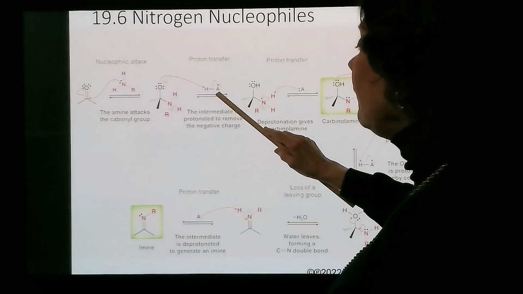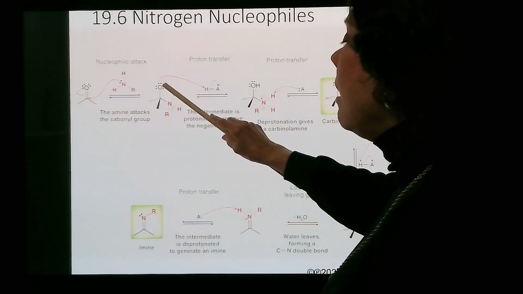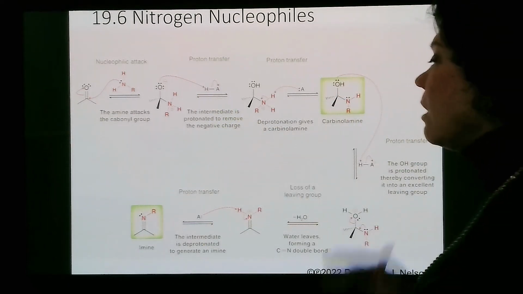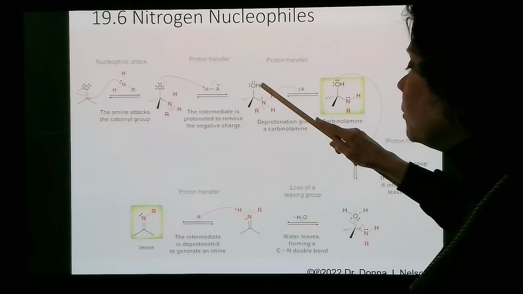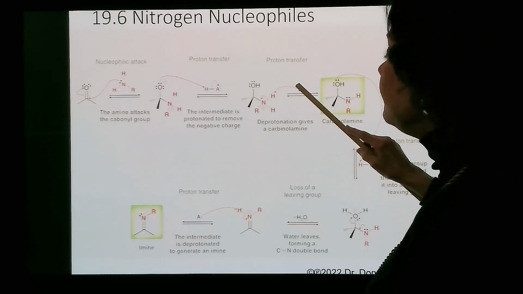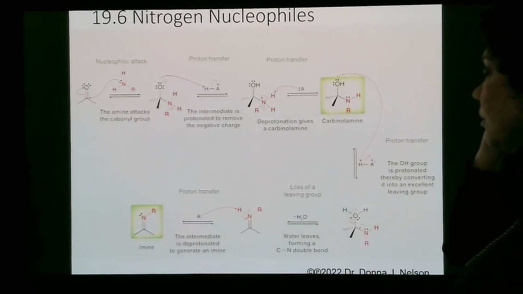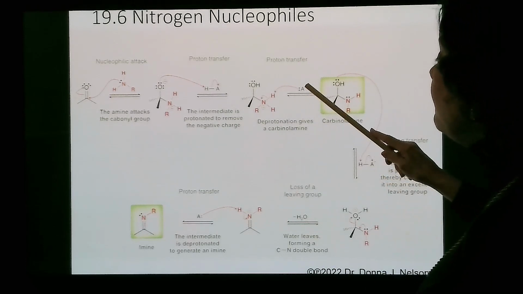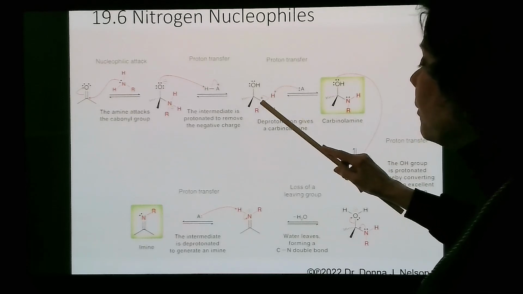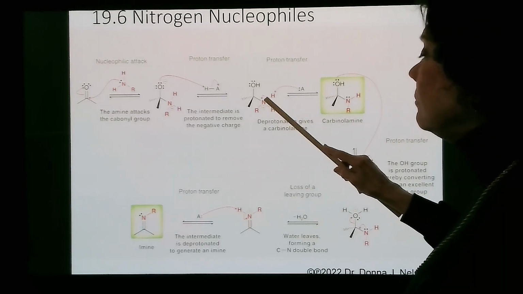One of the lone pairs on oxygen does a nucleophilic attack on the proton, and so it becomes protonated, and then the conjugate base, a lone pair, will come down to deprotonate nitrogen and make nitrogen neutral.